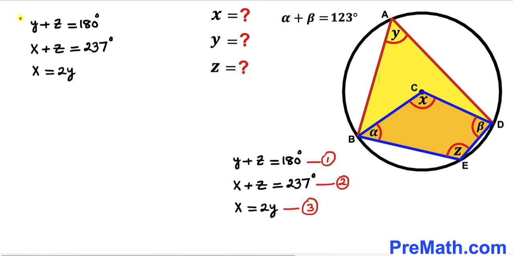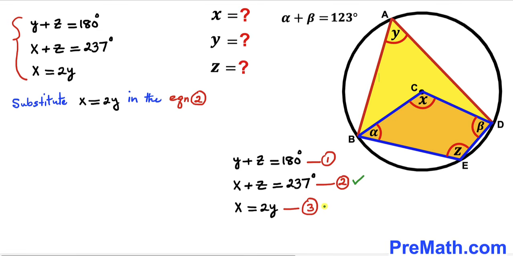So we end up with a system of 3 equations, and now we are going to solve for X, Y, and Z. Let's focus on equations 2 and 3. We are going to substitute X equals 2Y in equation 2. Here's equation 2: X plus Z equals 237 degrees.